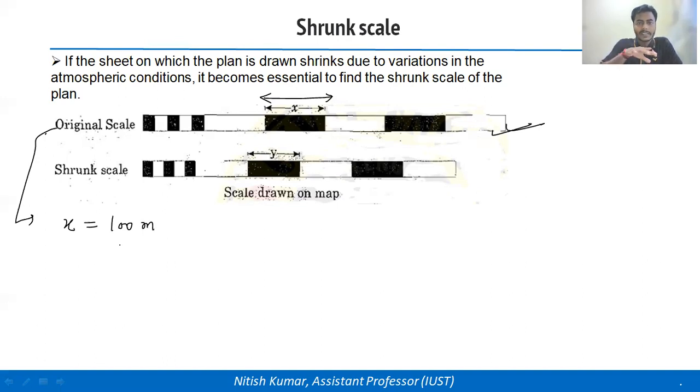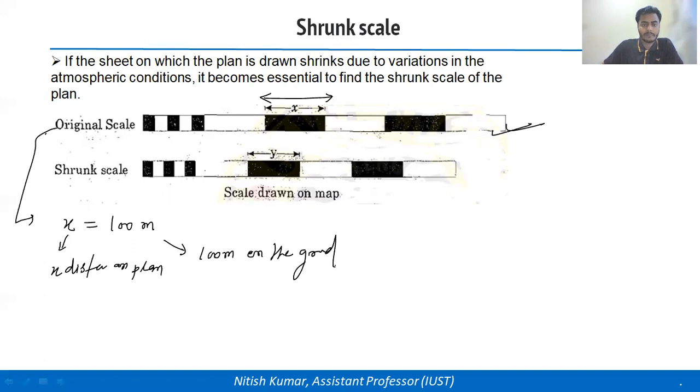Means on the original scale, when we were making the plan, x distance on the plan was representing 100 meter on the ground.